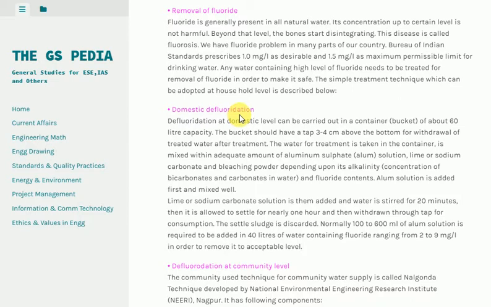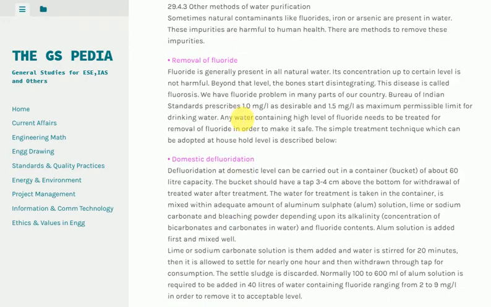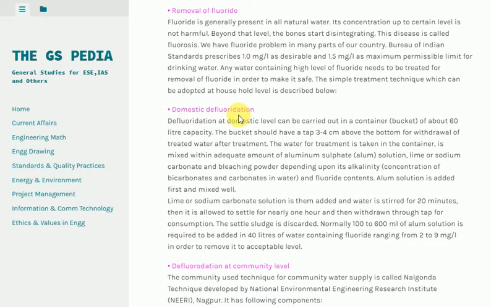Bureau of Indian Standards prescribes 1.0 mg/L as desirable and 1.5 mg/L as maximum permissible limit for drinking water.